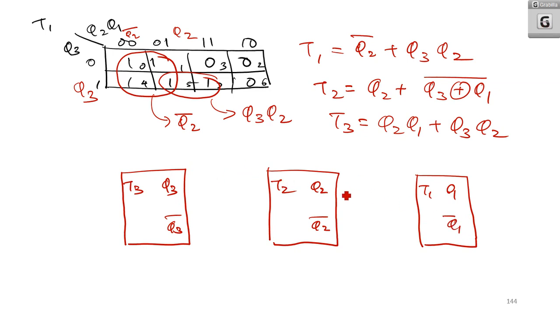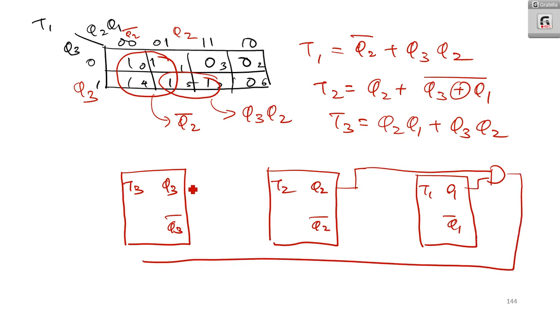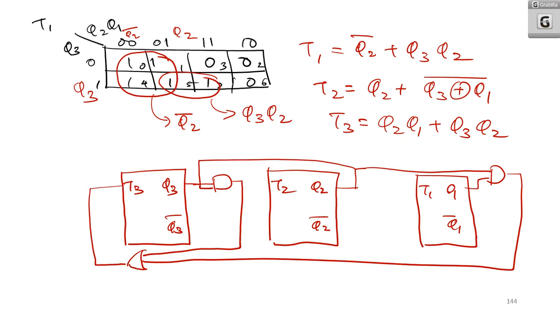T3 is Q2 Q1 or Q3 Q2. We can write it as Q2 Q1 AND gate, and Q3 Q2 AND gate. Now here you should give an OR gate, and you should give it to T3. Okay. So that is T3.